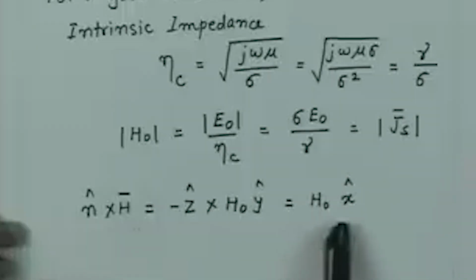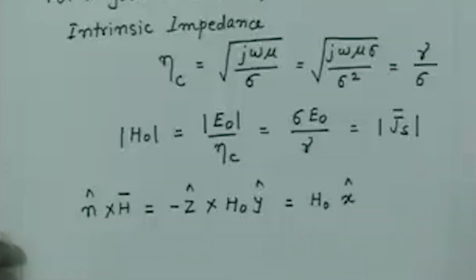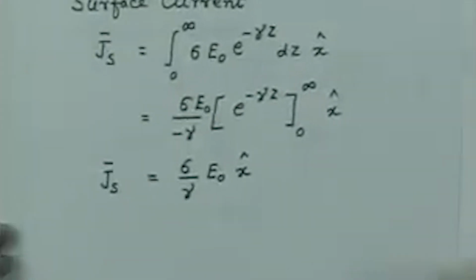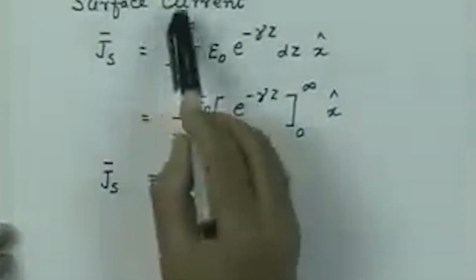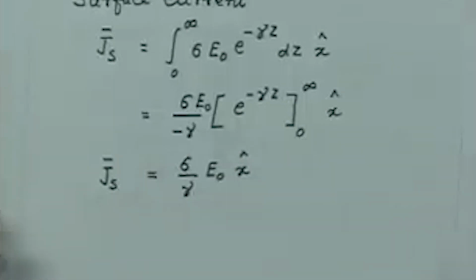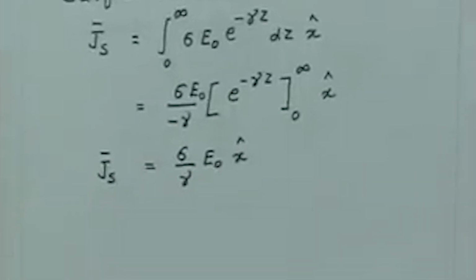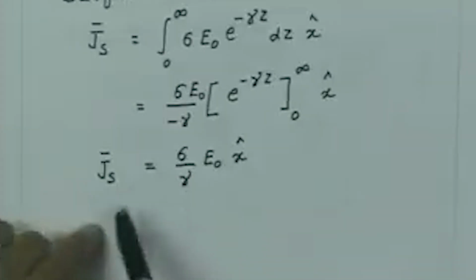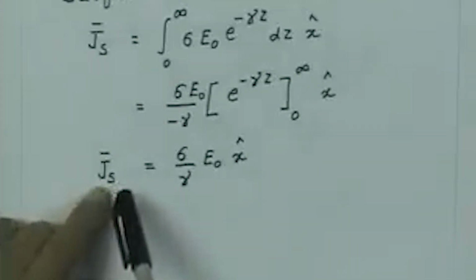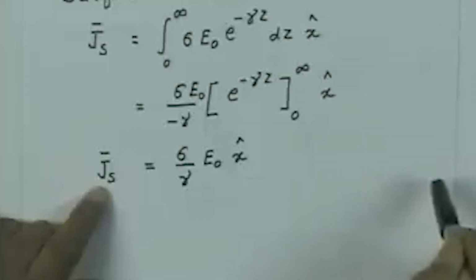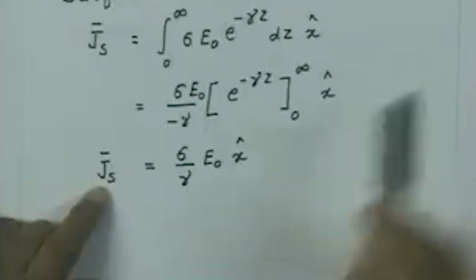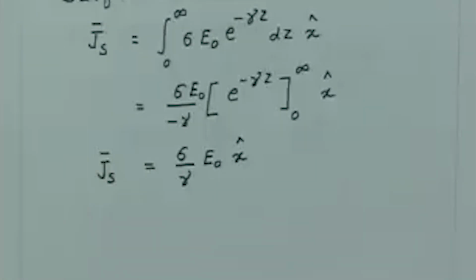So, the n cross H gives me the direction which is x direction. We see that the surface current which we have got, that quantity is related to the magnetic field. That means this quantity which we have got here, which we called as surface current, in fact has all the properties which the surface current should have. So, n cross H gives me the surface current, and the magnitude of the surface current is same as the tangential component of magnetic field at the conducting surface.